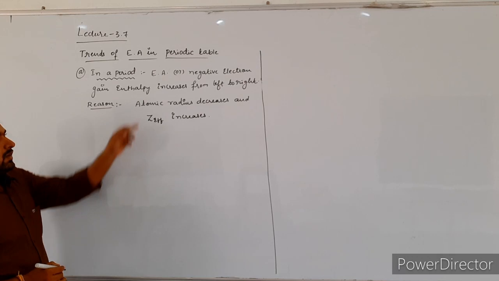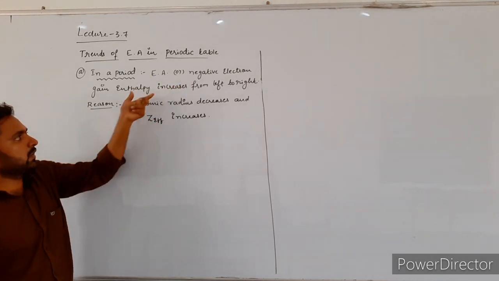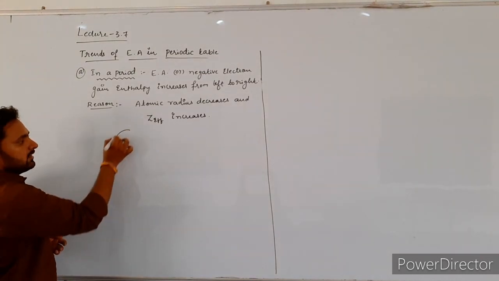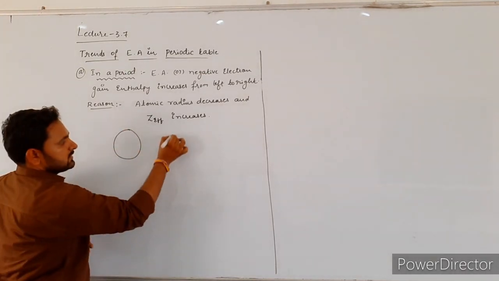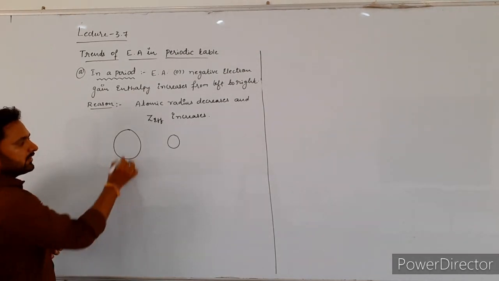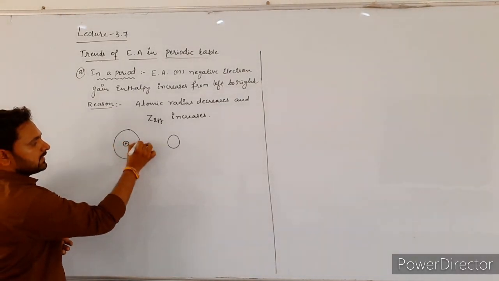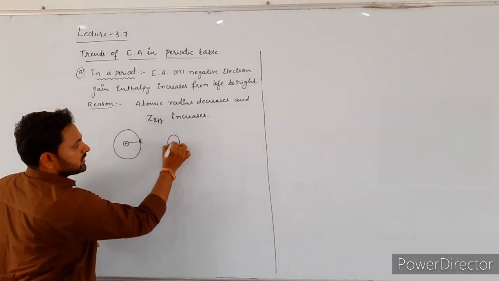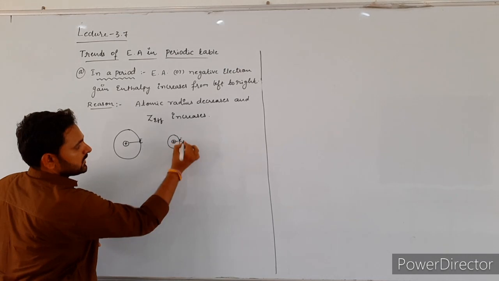That's why electron affinity or negative electron gain enthalpy increases from left to right. For example, see, this is a large atom. This is a small atom. In a large atom, there is a large distance between the nucleus and the outermost electron. In a small atom, there is a small distance between the nucleus and the outermost electron.